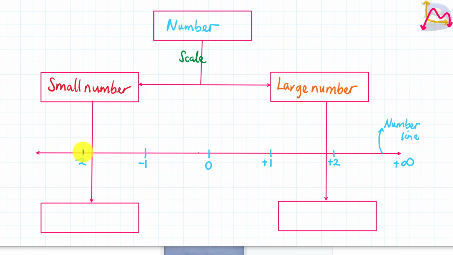The further we go down to the left, we are going to bigger negative numbers, and this is expressed as -infinity. Now, you hear what I said in terms of bigger positive numbers and bigger negative numbers.